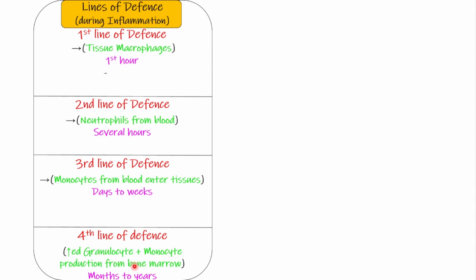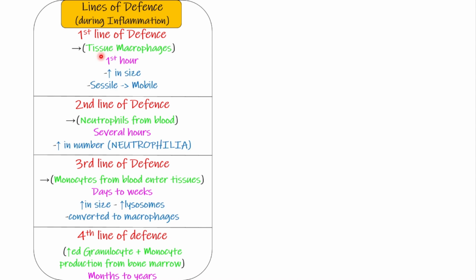Whereas increased production from bone marrow will take place after months, and it will keep going on for years until the body gets rid of the infection. Okay, so what are the changes taking place in all of these white blood cells? The tissue macrophages will increase in size.